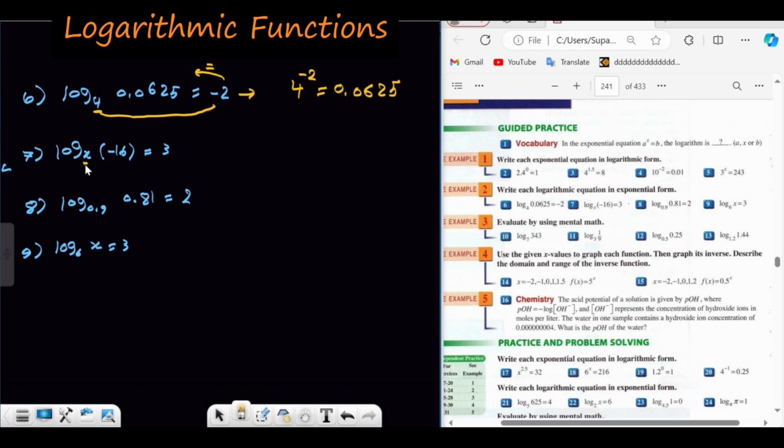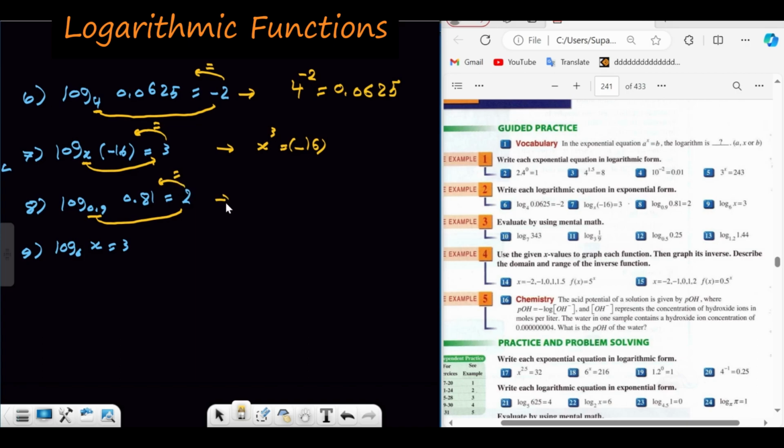X to the power 3 equals negative 16. So it will be x to the power 3 equals negative 16. And here 0.9 to the power 2 equals 0.81.